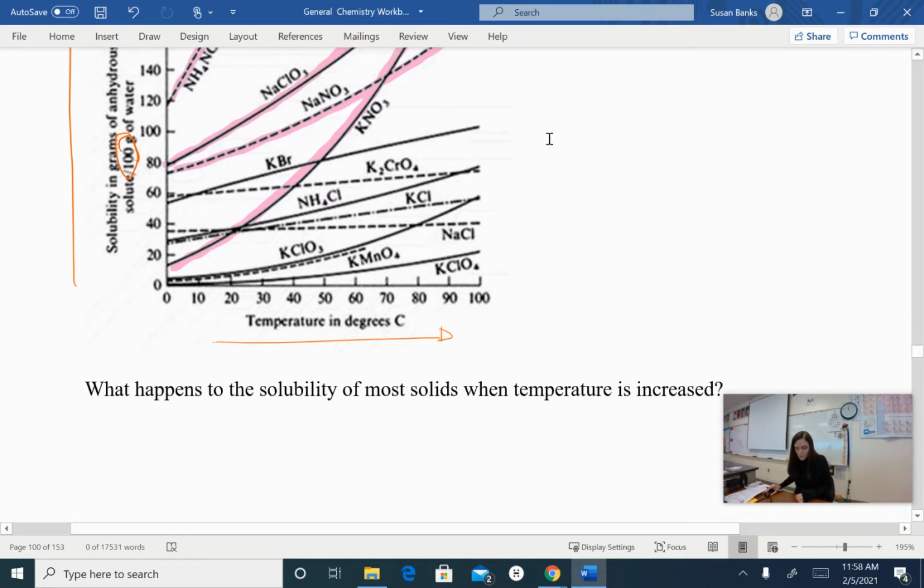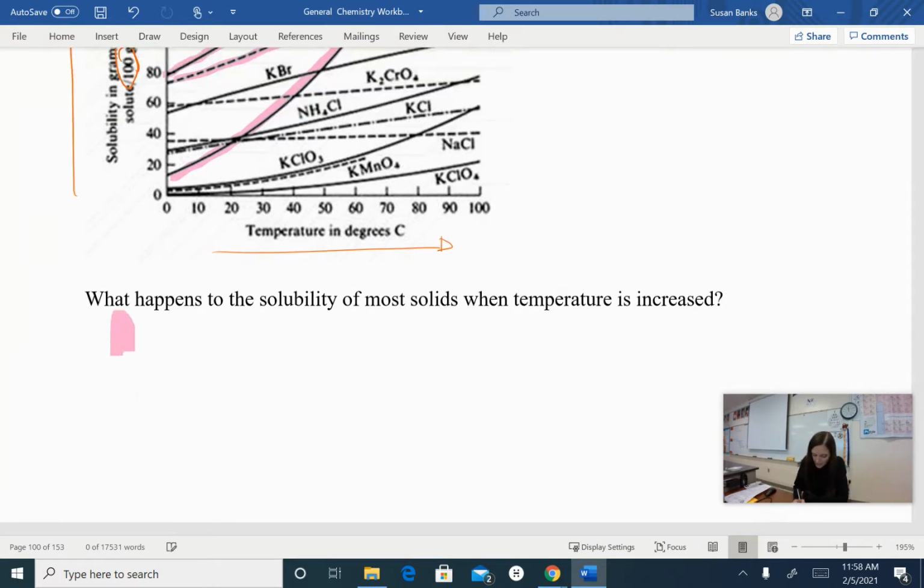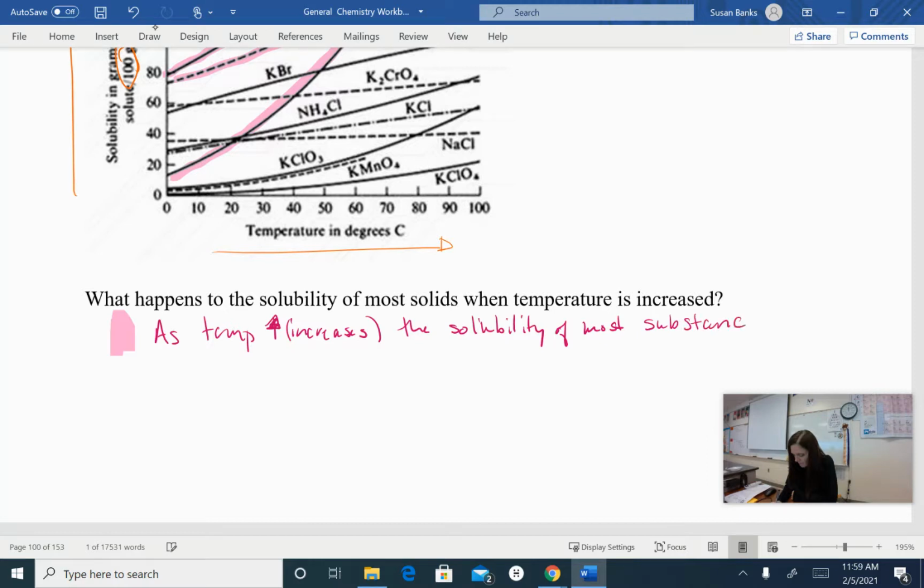Okay, so let's put down that general trend. As the temperature increases, the solubility of most substances also increases.